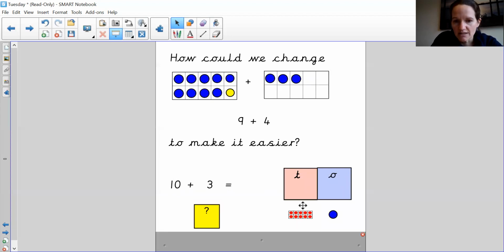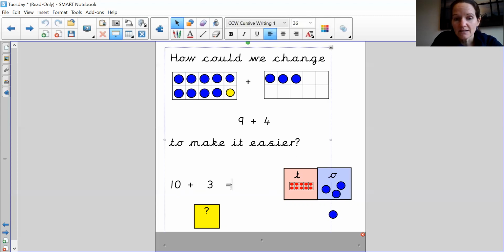Here I've got my one group of 10, and I have 3 counters. So what is 10 plus 3? 10, 11, 12, 13. So if 10 plus 3 is 13, then 9 plus 4 equals 13.